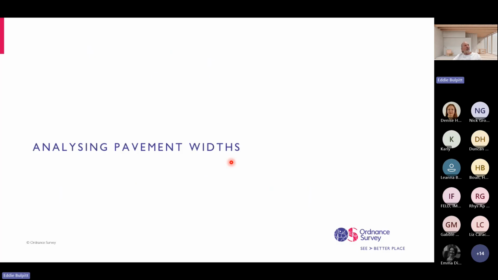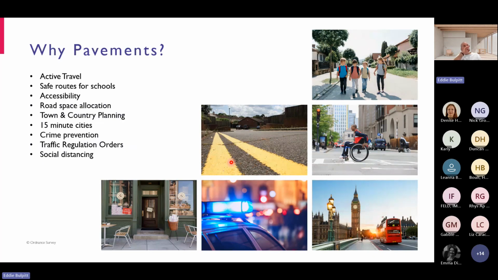So how can we use this for something else? We had to do a task where we had to analyse pavement widths. And again, if you remember back to COVID, this was a requirement during that time to allow safe passing distances. But why pavements? Well, you can see there from the list, there are a raft of other uses rather than safe passing. Promoting active travel, safe routes for school, which is a real big thing for local authorities.